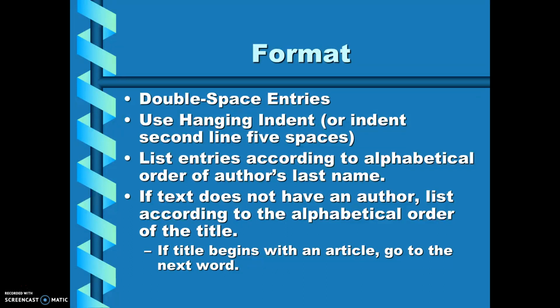All of your entries should be listed in alphabetical order according to the author's last name. If the source does not have an author listed, you alphabetize it by the title. If the title starts with one of the articles, a, an, or the, you skip to the next word in that title.